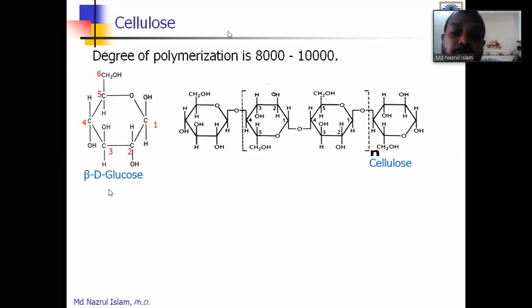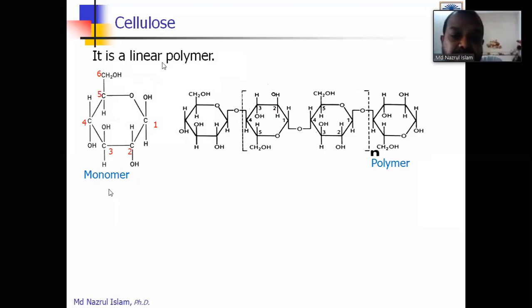So what is the degree of polymerization? It is 8 to 10,000, which means 8 to 10,000 monomers are there. And it is a linear polymer, which is only possible because each monomer rotates 180 degrees, so it doesn't have any branch.